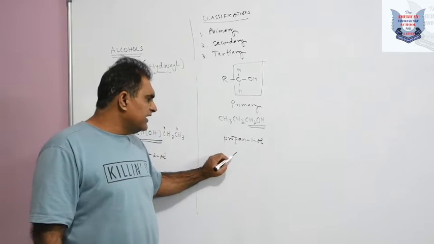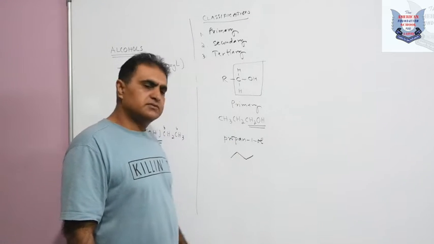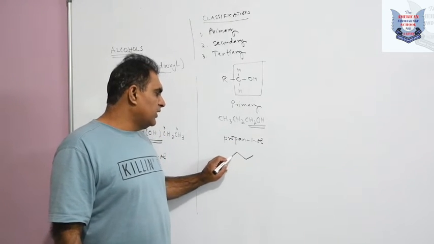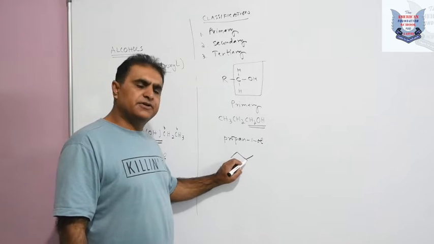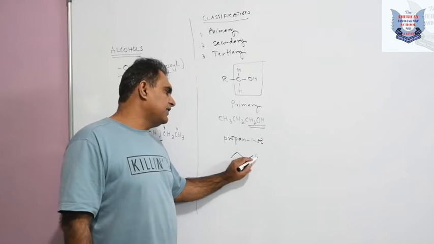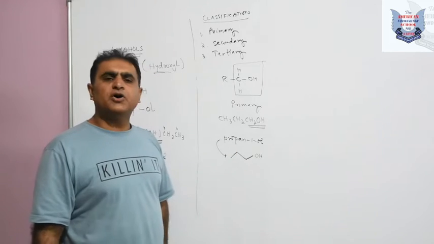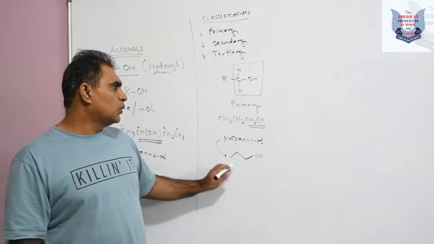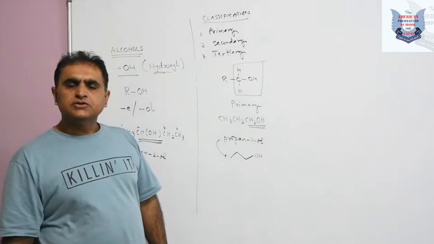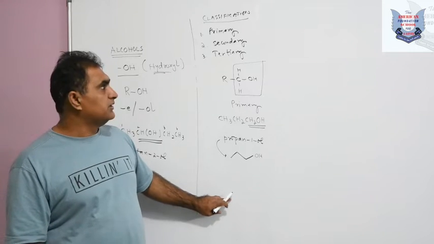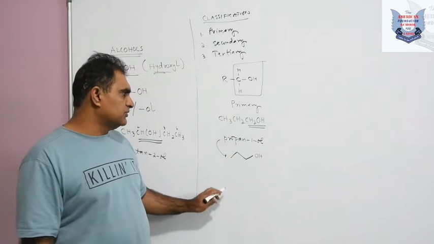And if you write a skeletal form of this, this is carbon number 1, carbon number 2, this is carbon number 3, and this carbon is connected to OH. So this is the skeletal form of propan-1-ol. So this is your primary alcohol. It is one of the examples of primary alcohol.